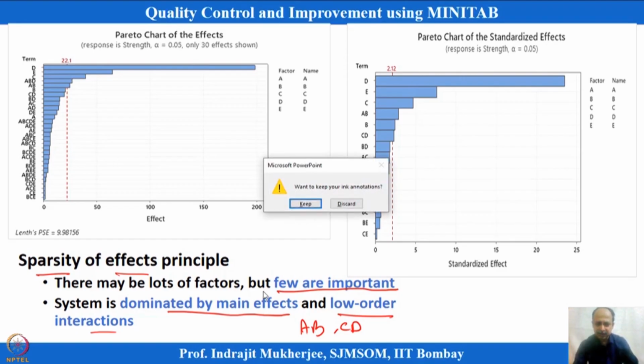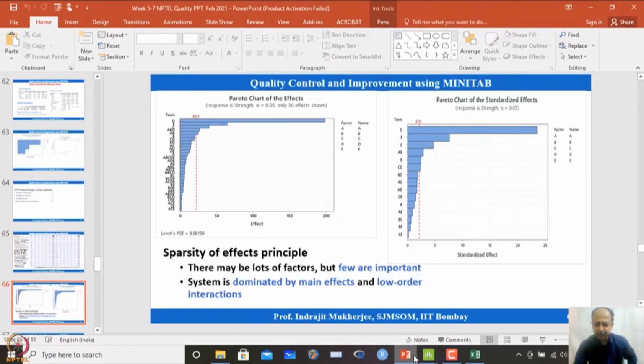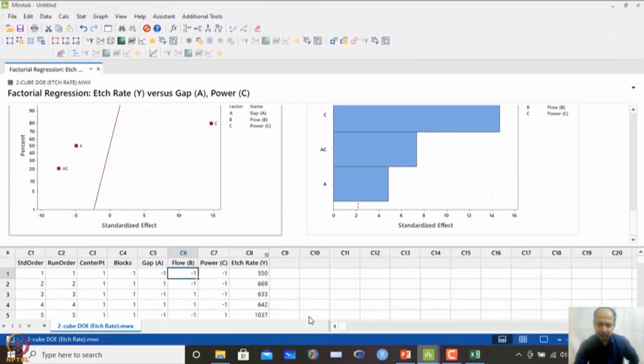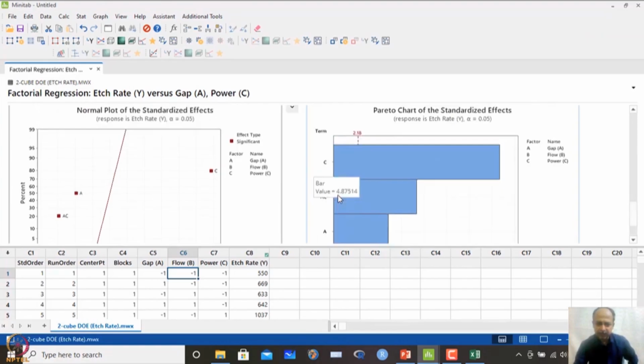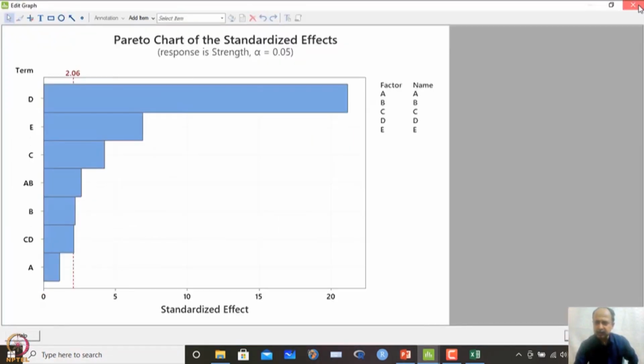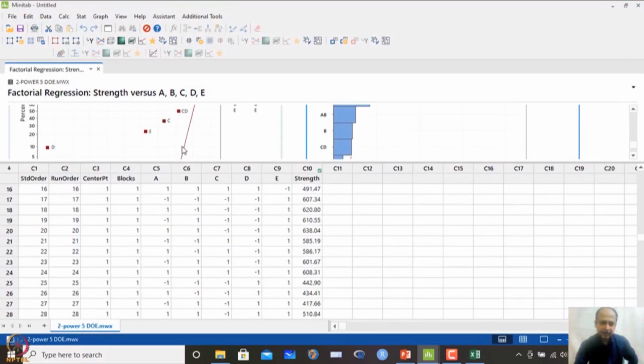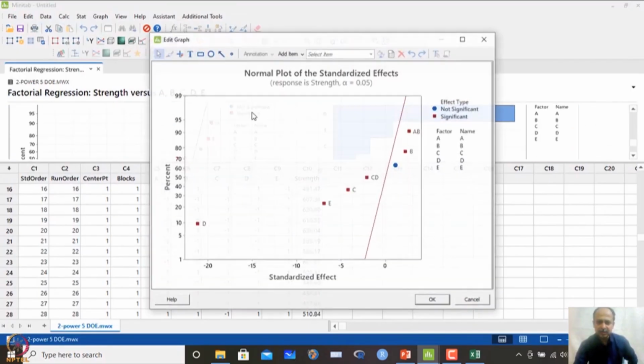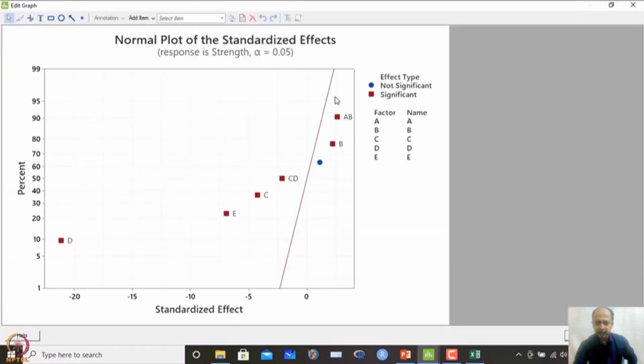With this information we have built the model. Also what is visible in the normal plot is that A, B has a positive impact, and C, D is important, along with the other factors.